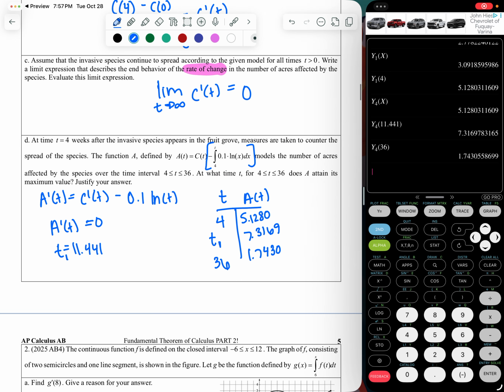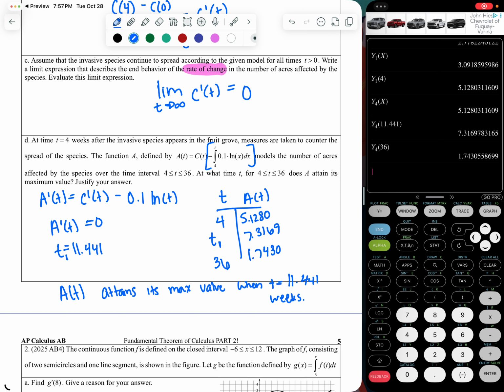Anyways, this tells me that at time T sub 1, aka at time 11.441 weeks, A is going to attain its maximum value. So you're going to write that little sentence there that just says that A of t attains its max value when t is equal to 11.441 weeks.